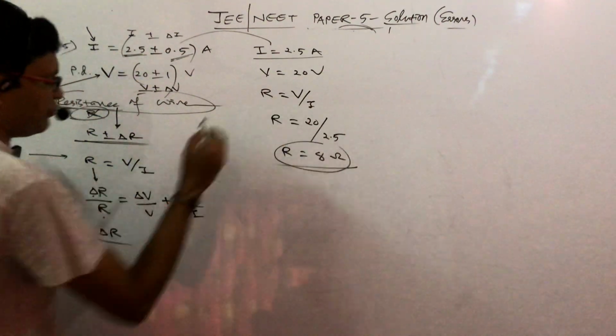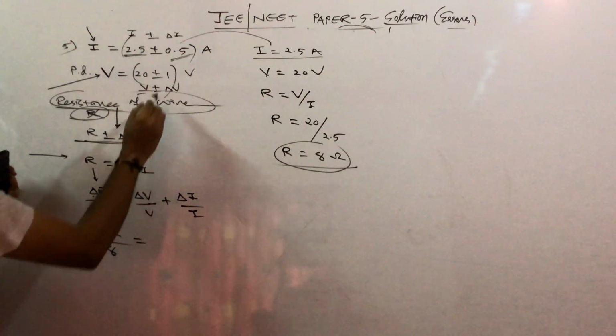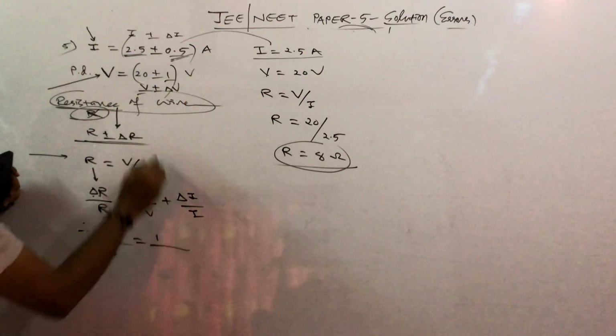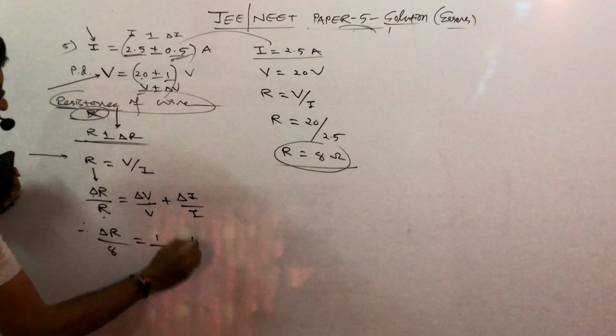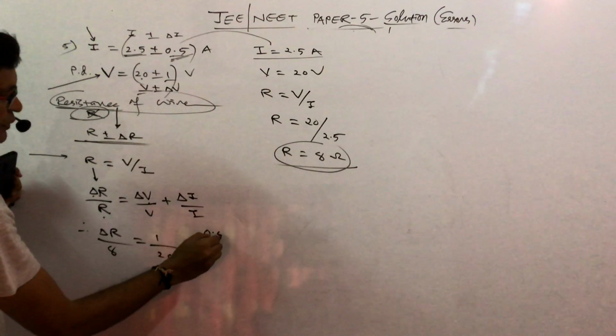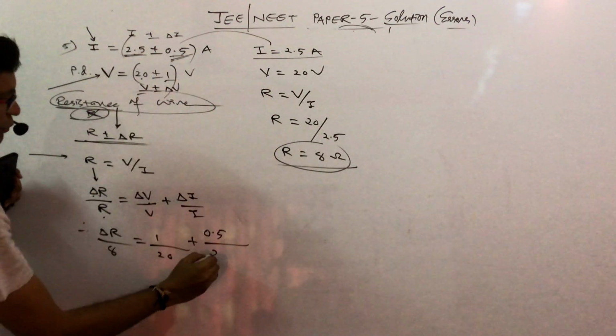We have already found R is equal to 8, delta V is already 1, V already 20, plus delta I 0.5, and current 2.5.